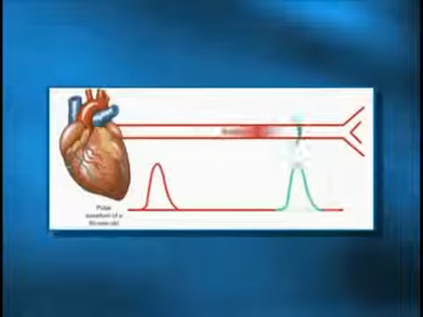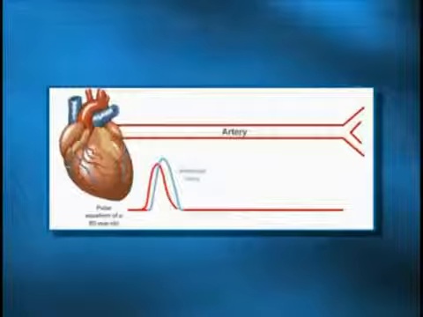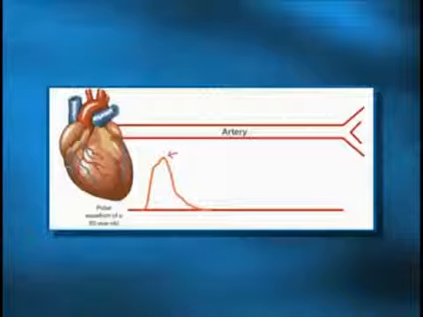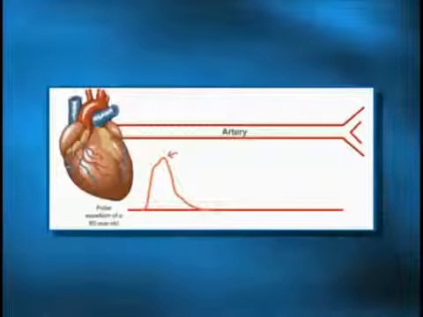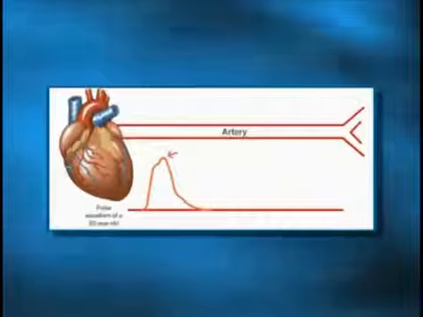Now if you were to look at an 80-year-old, you actually see a very stiff artery, and when the heart pumps, the wave travels so fast, it comes back right at you at the systole. So what you end up with is the wave goes up, and then it is augmented or increased by the reflected wave, and you spend about two-thirds of the time overcoming the wave, one-third of the time resting and getting the blood.